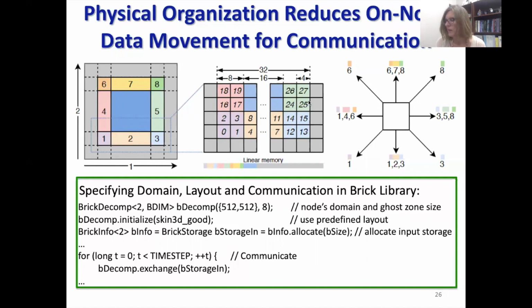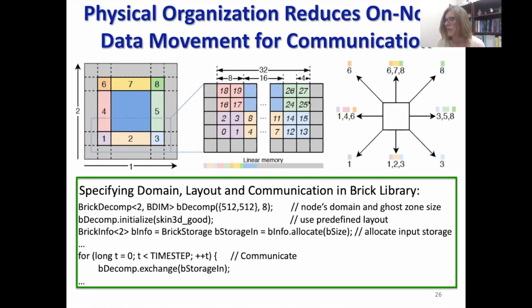So in the picture on the left, a node surface has to be communicated to the ghost zone regions for all the neighbors in its 2D space. According to the color coding, we have laid out the data so that if it needs to be communicated to the same neighbor, it's adjacent in memory.